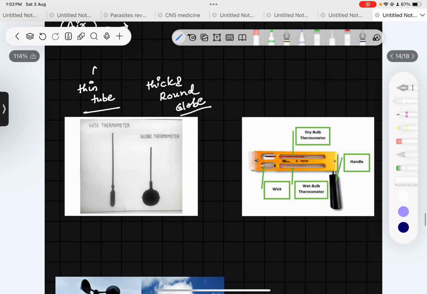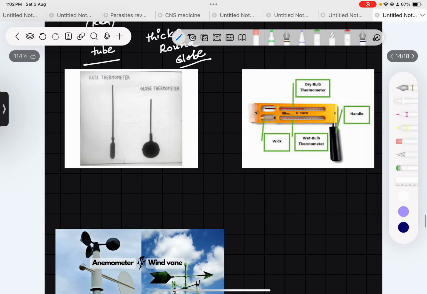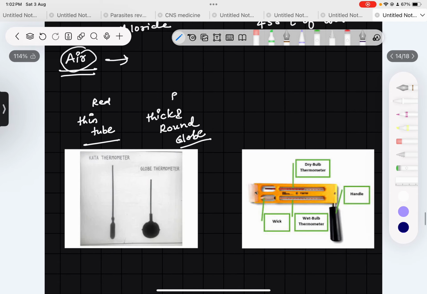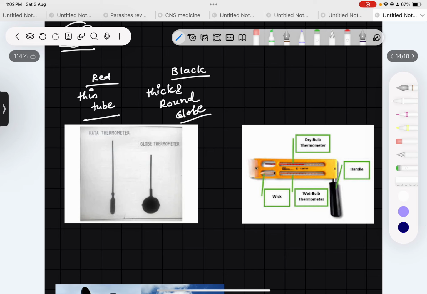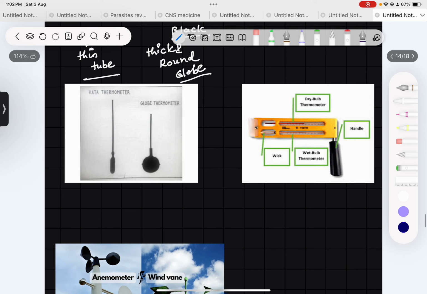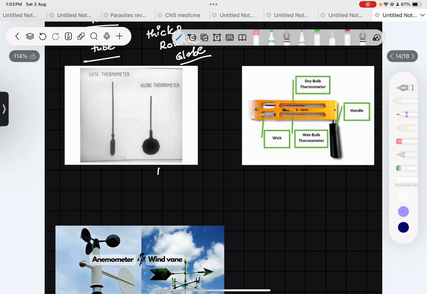The Kata thermometer will be of red color, and the globe thermometer will be of black color. So this is the basic difference. This is of red color, this is of black color. This will be thin and this will be round and thick. Also, this globe thermometer is known as the bulb thermometer.